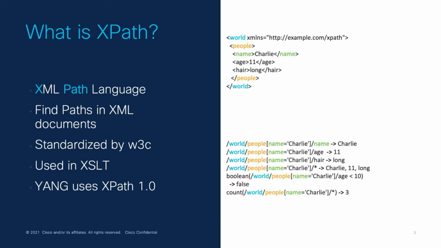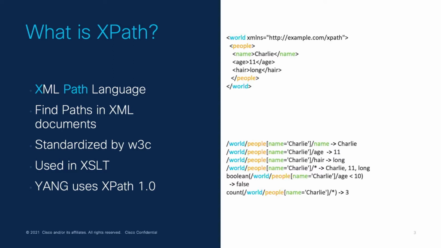XPath is standardized by the World Wide Web Consortium, and is shared with a lot of different applications in the web sphere. It's very popular in the XML community and used for things like XSLT, the transformation tool for XML documents. In Yang, we're standardized on XPath 1.0.